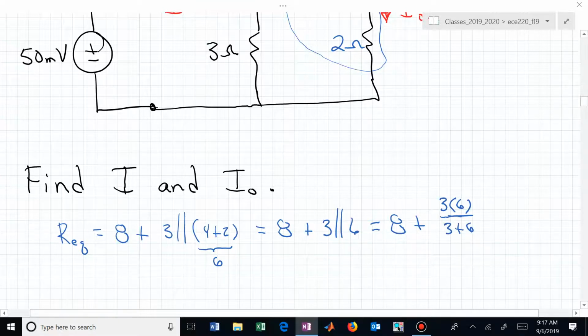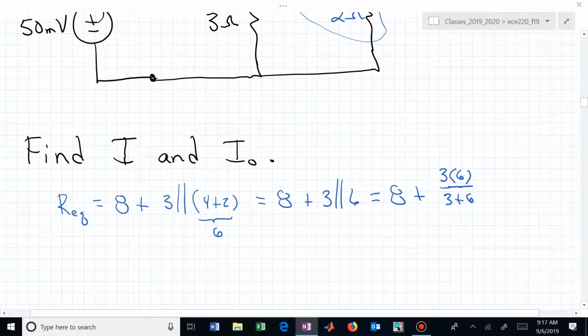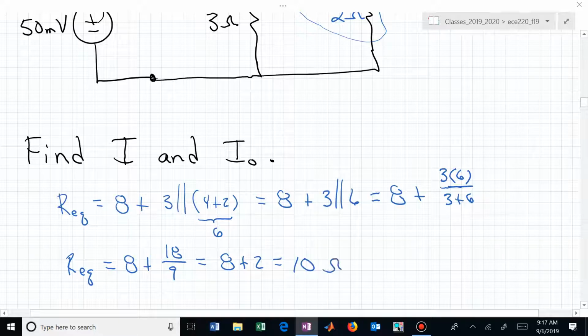And that ends up being 18 divided by 9, or 2. So now we're left with our equivalent of 10 ohms.